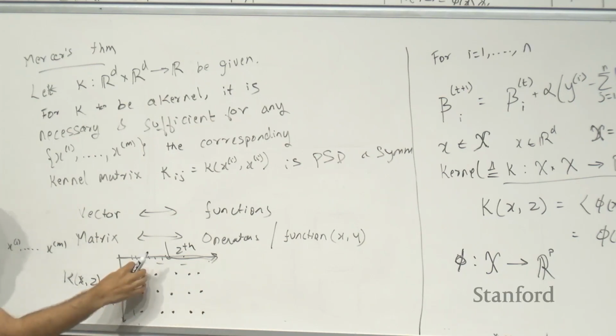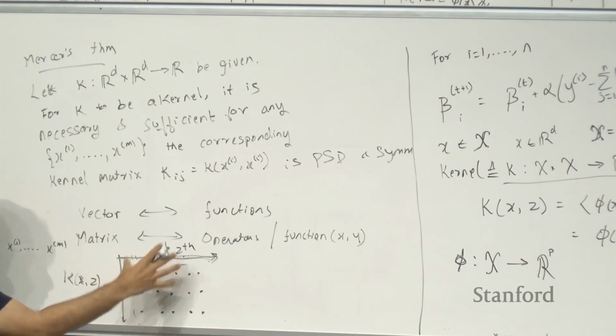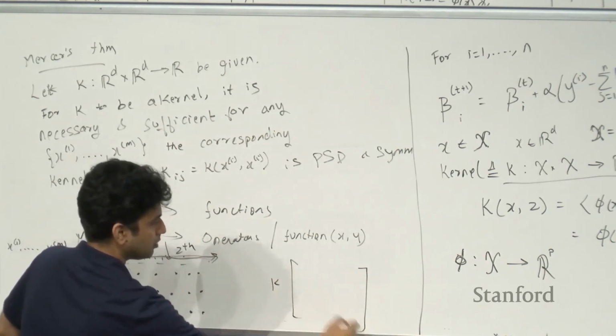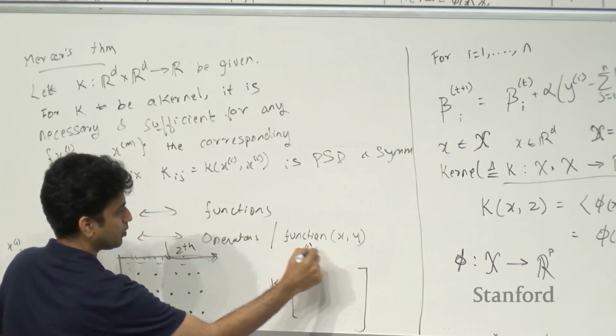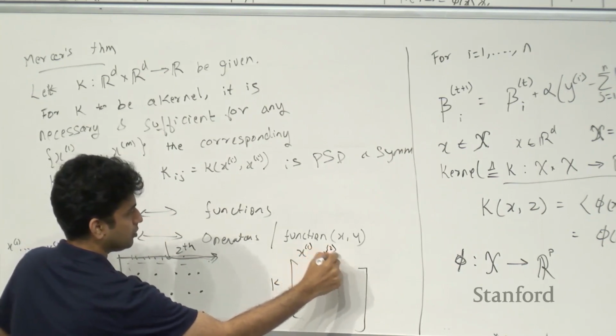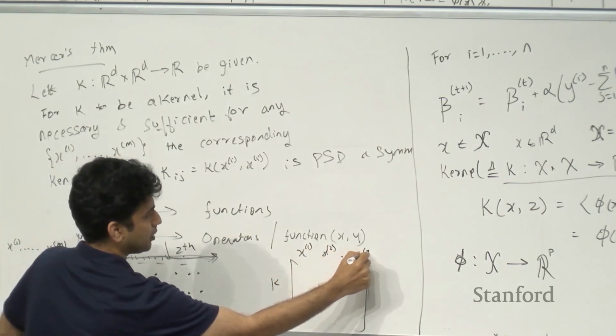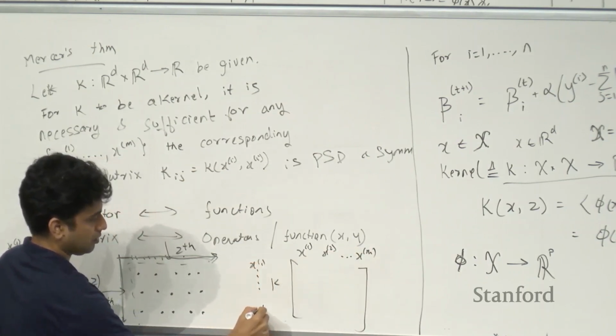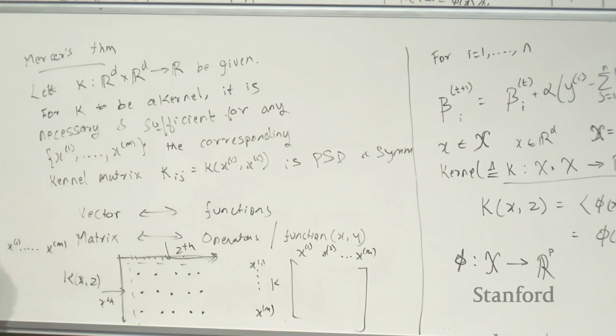And you're going to extract these evaluations into a kernel matrix where each row belongs to x1, x2 and so on, xm, and similarly for the columns x1 through xm.